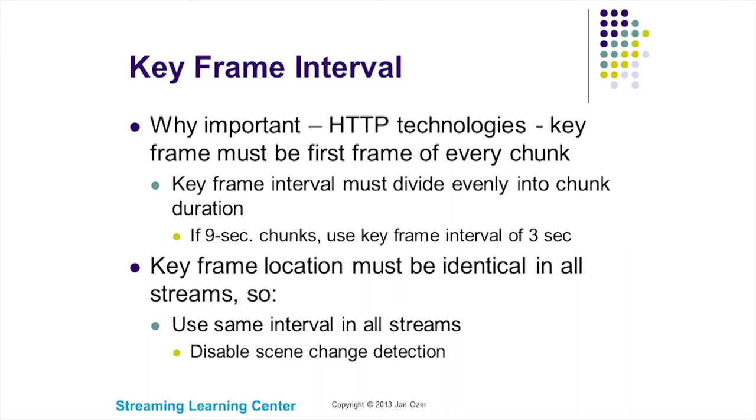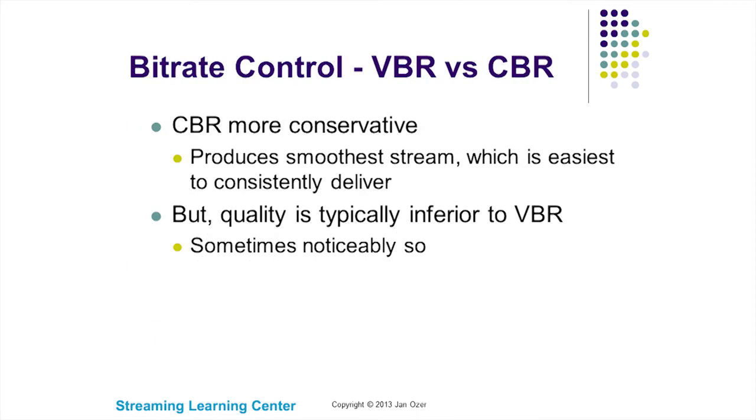In terms of bitrate control, CBR is a more conservative approach. If you look at the white papers produced by Adobe, by Akamai, by others, they recommend using CBR, or constant bitrate encoding, not VBR. On the other hand, most producers are using VBR.